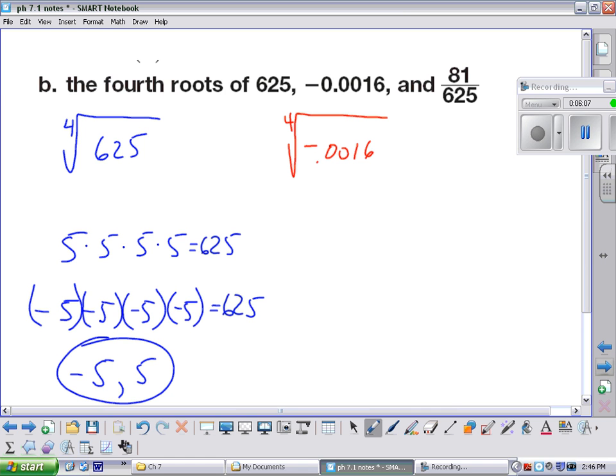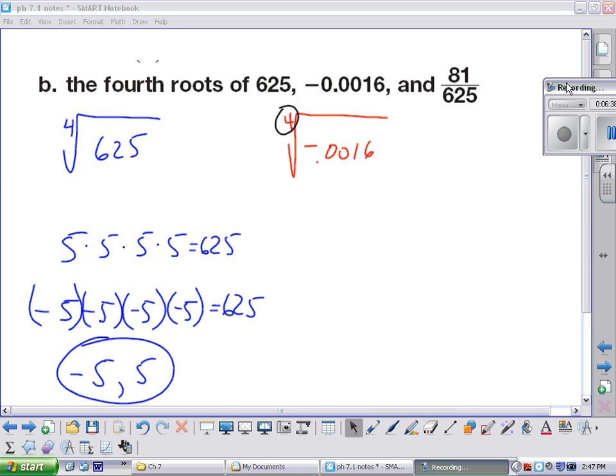The bottom line is, if it's an even number right here, there's no positive or negative number I can put in there that's going to make that a real solution. A negative 0.2 won't do it. Positive 0.2 won't do it, because when I multiply things together 4 times, I'm going to get a positive number.